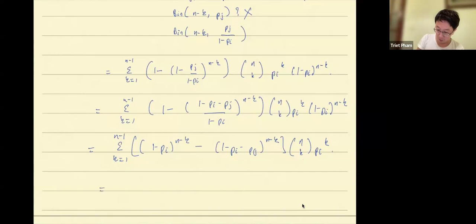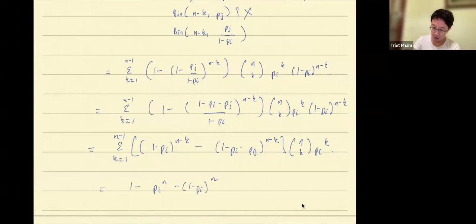The nth case will be Pi to the n, and the 0th case is 1 minus Pi to the n. Let's see.